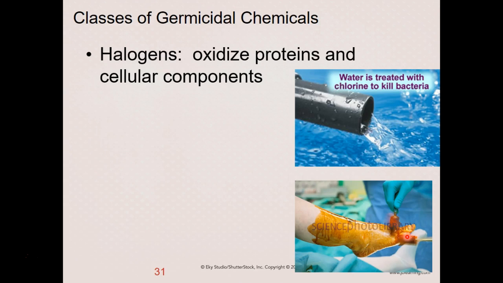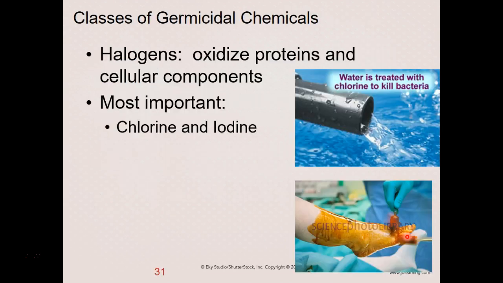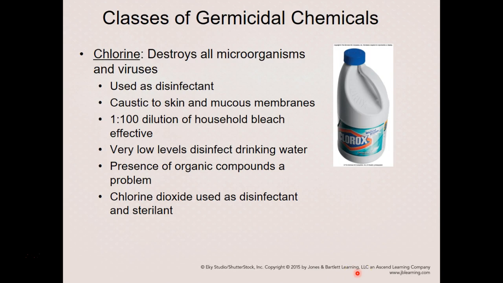The two most common halogens are chlorine and iodine. You can see here, chlorine is used in the water to treat and get rid of any potential pathogens in water. Iodine is very commonly used in treatment of the skin, especially prior to surgical procedures.